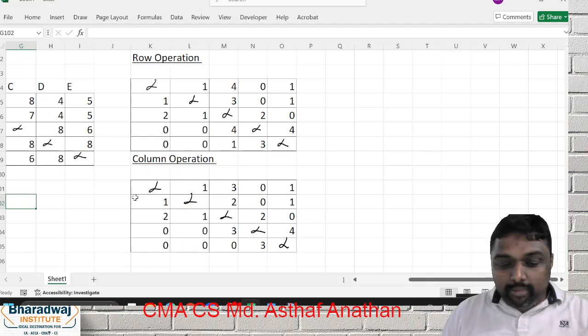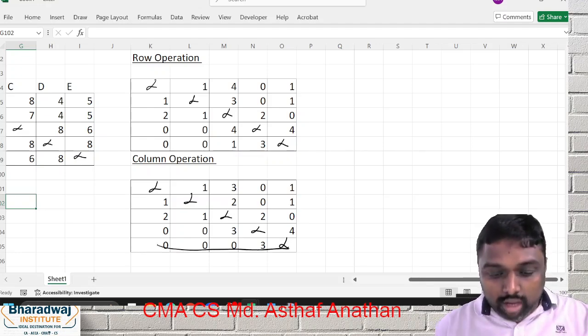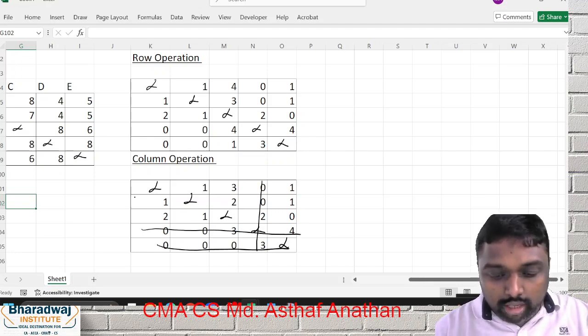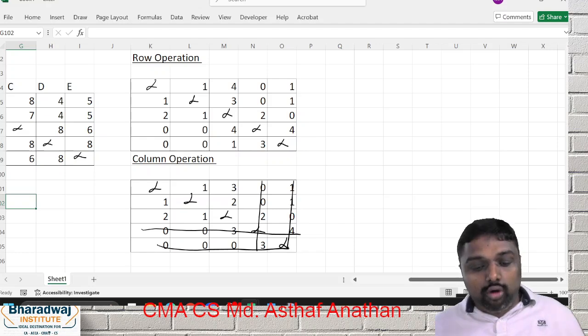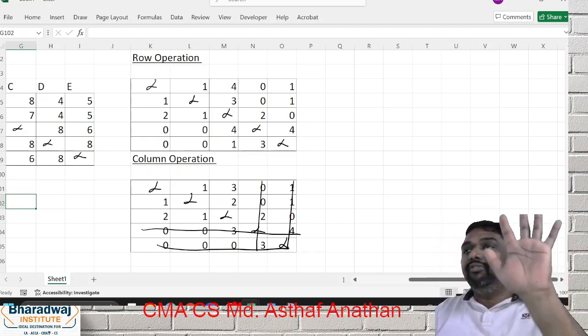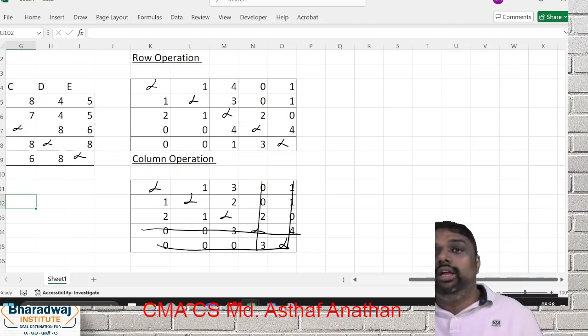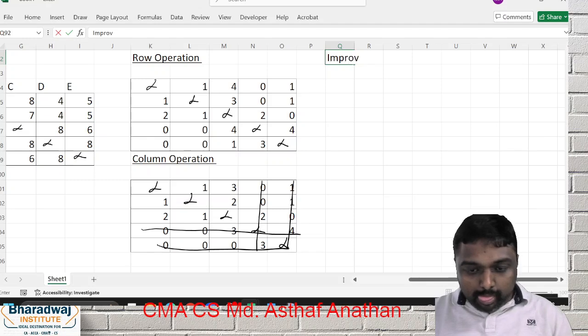Here in one line you can kill 3 zeros, here 2 zeros, here 2, here 1. To cross all the zeros we took only 4 lines, but rows and columns are 5. Since rows and columns are 5 and we took only 4, optimality is not reached.